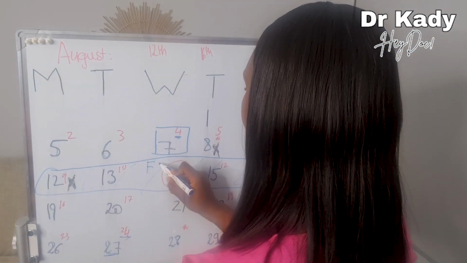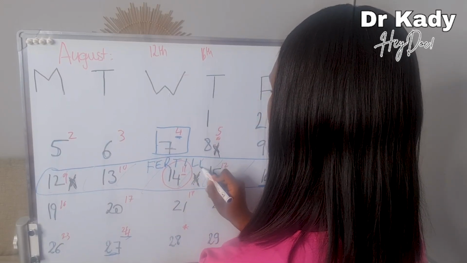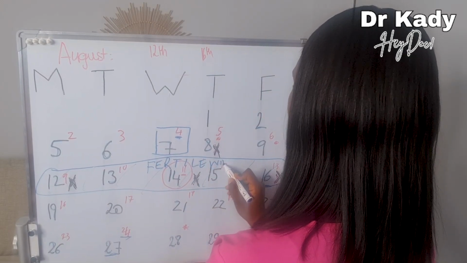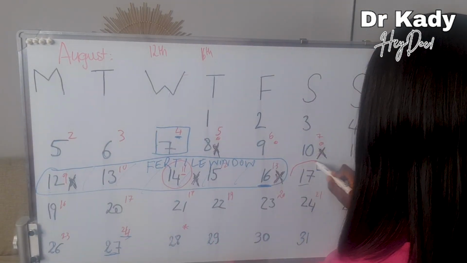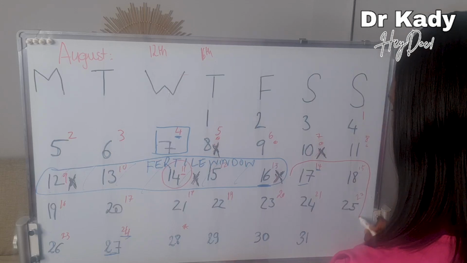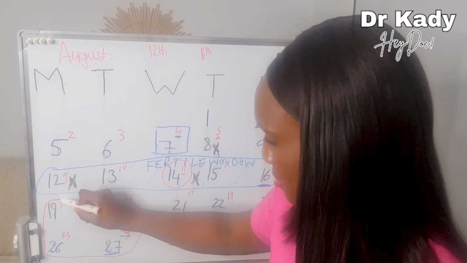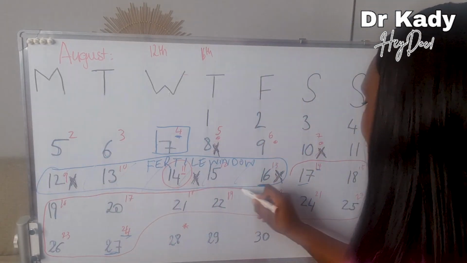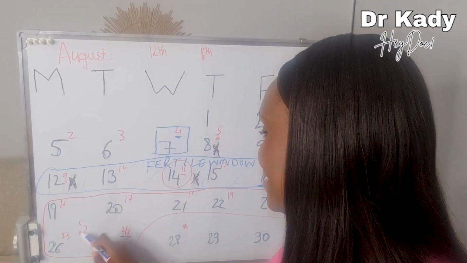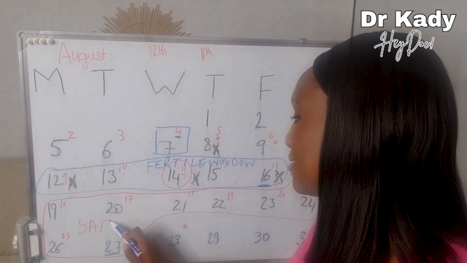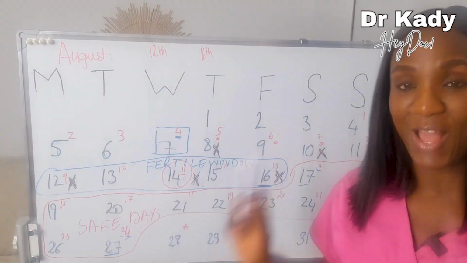This is the fertile window, and this period all the way to this period are considered to be the safe days. I hope that makes sense.